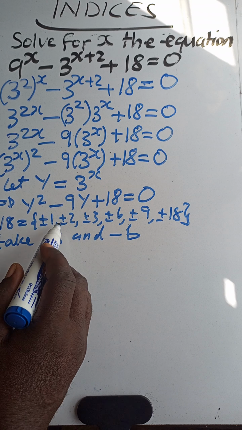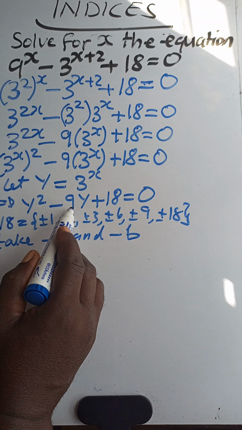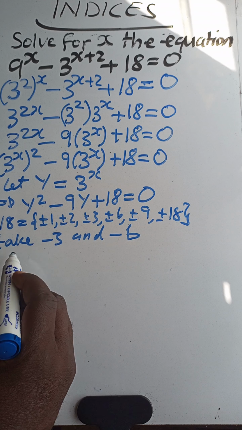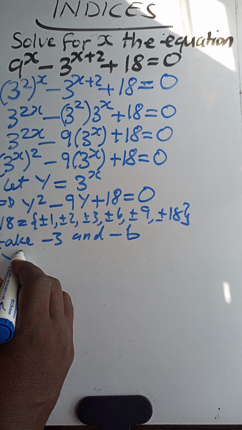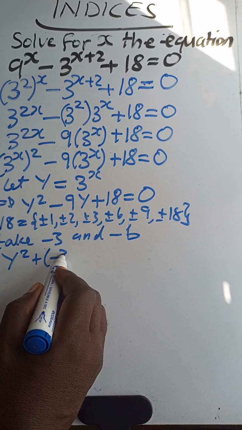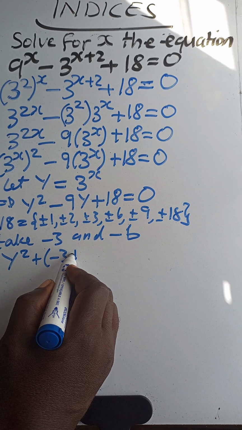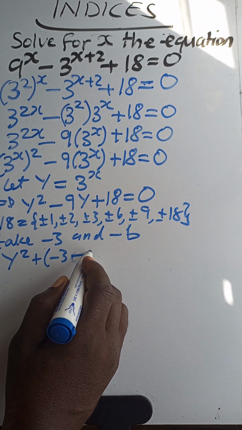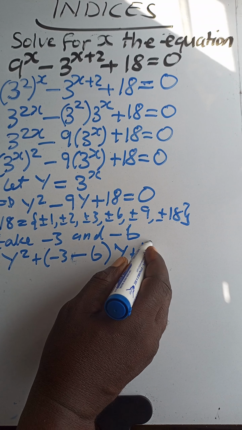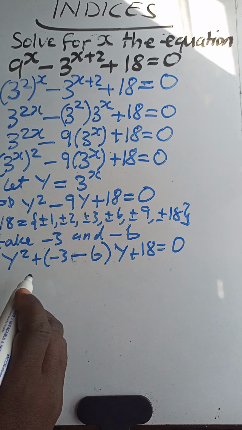So the next thing to do now is to replace this negative 9 with the sum of these two numbers. So we rewrite this expression as, instead of negative 9, plus negative 3, plus negative 6y plus 18 is equal to 0.